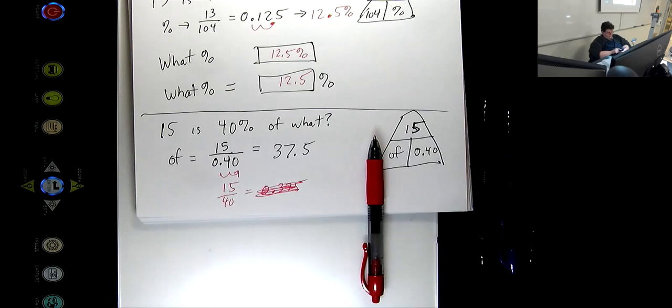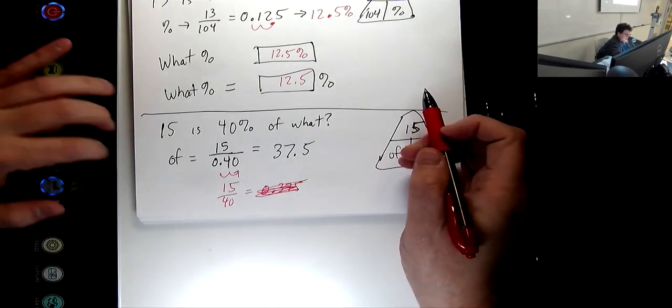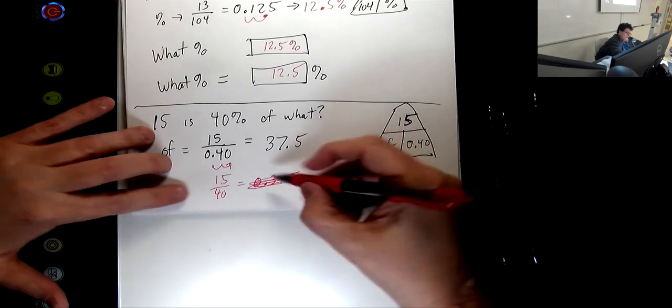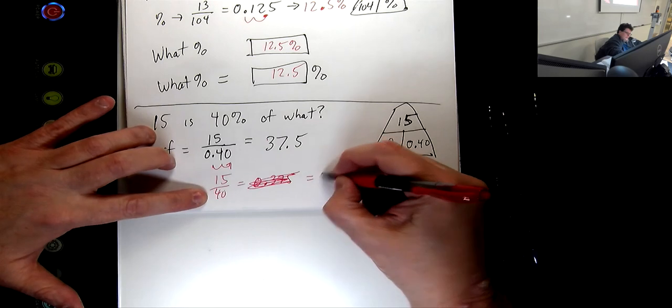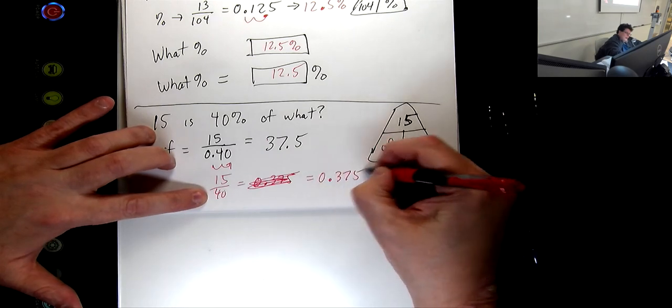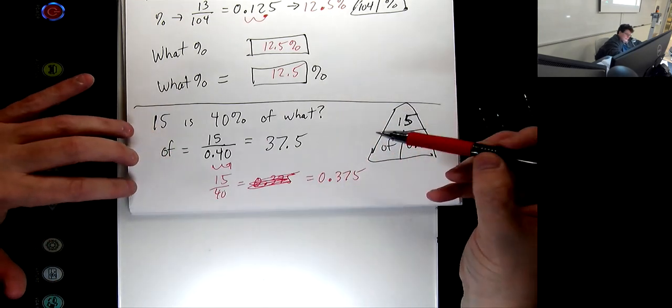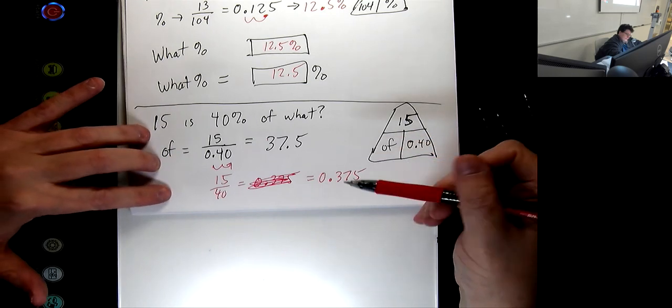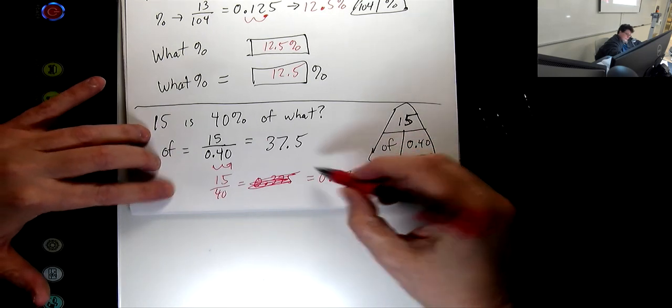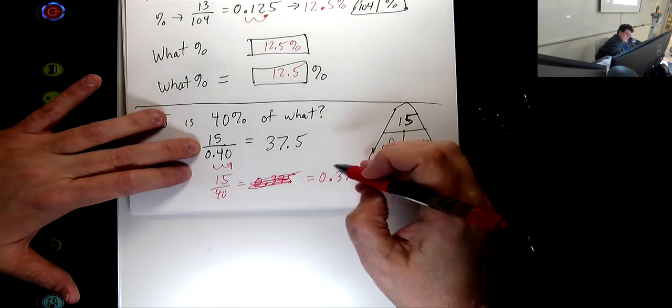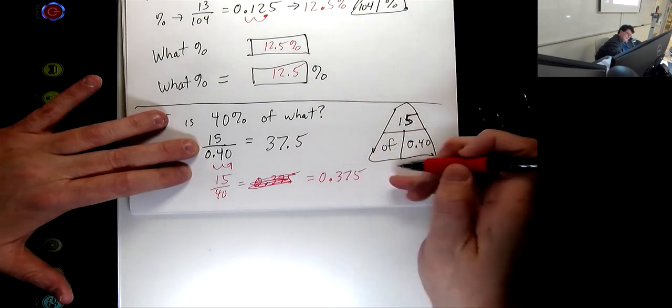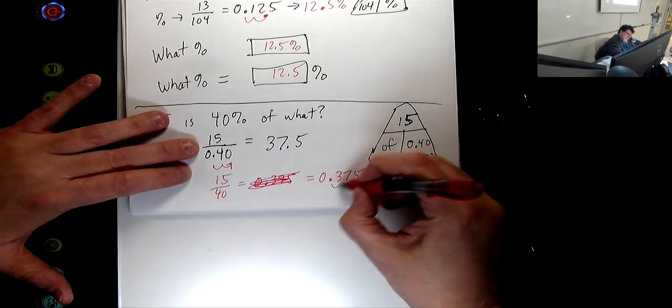Oh, yeah, so if you did 15 over 40, you would get 0.375. You have to compensate for it. So what you did was multiply by 100, then you've got to shift it back.